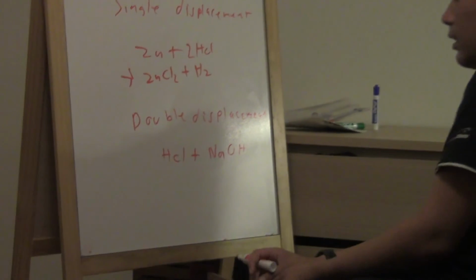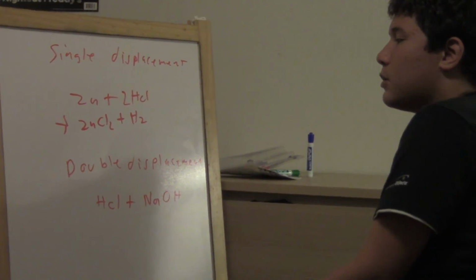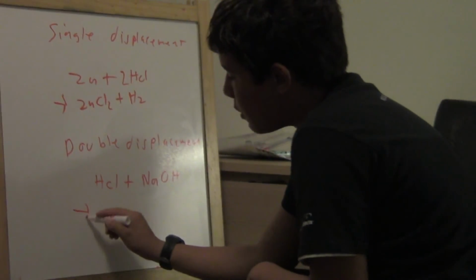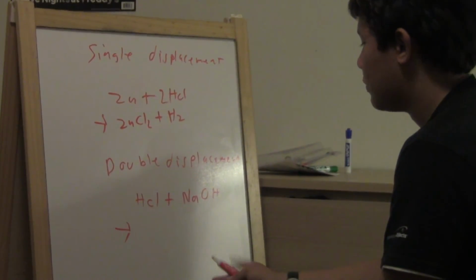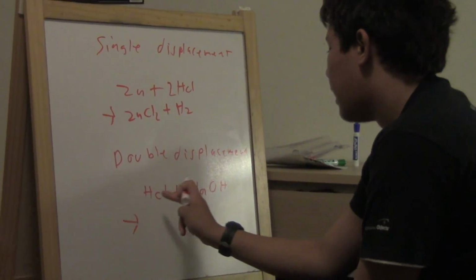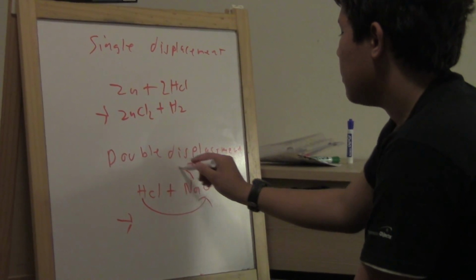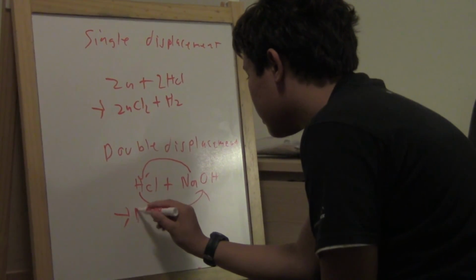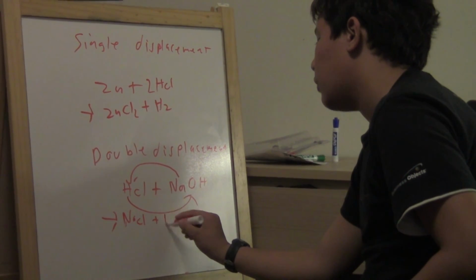We have this here, and we're still wondering how does this even go by? Well, again with the switcheroo, except that this time 2 elements are doing the switcheroo. Hydrogen is going to this side, while sodium is going over here, taking both their places and making salt and water.